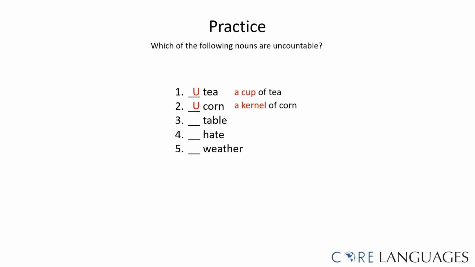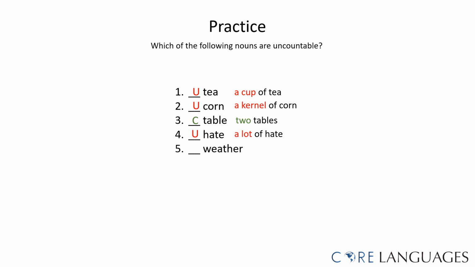How about table? Table is countable. You can say, I have 2 tables. How about number 4, hate? Hate is a feeling. It is uncountable.